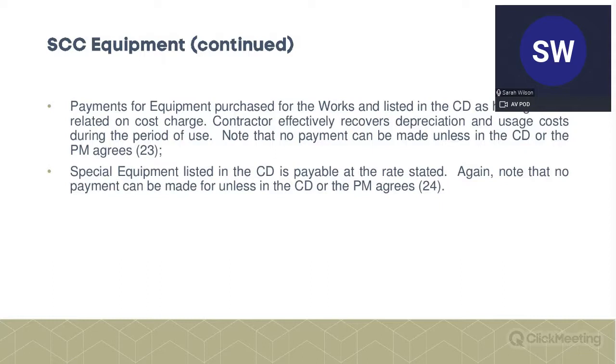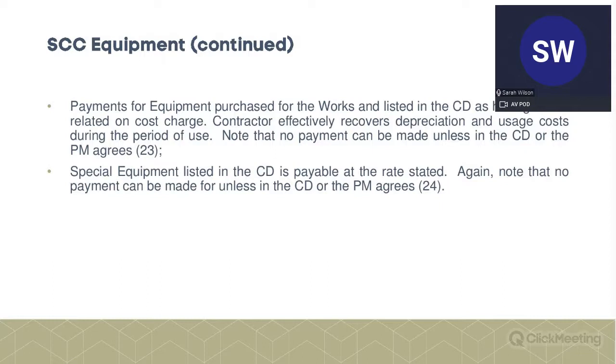The theory is that, for example, the contractor buys a specific piece of equipment for £1,000, uses it for the duration of the project, and sells it afterwards for 500.